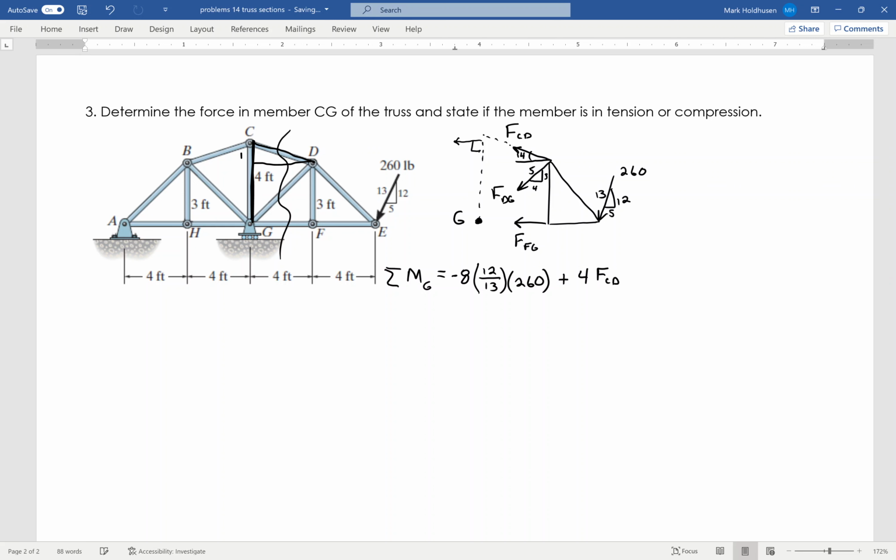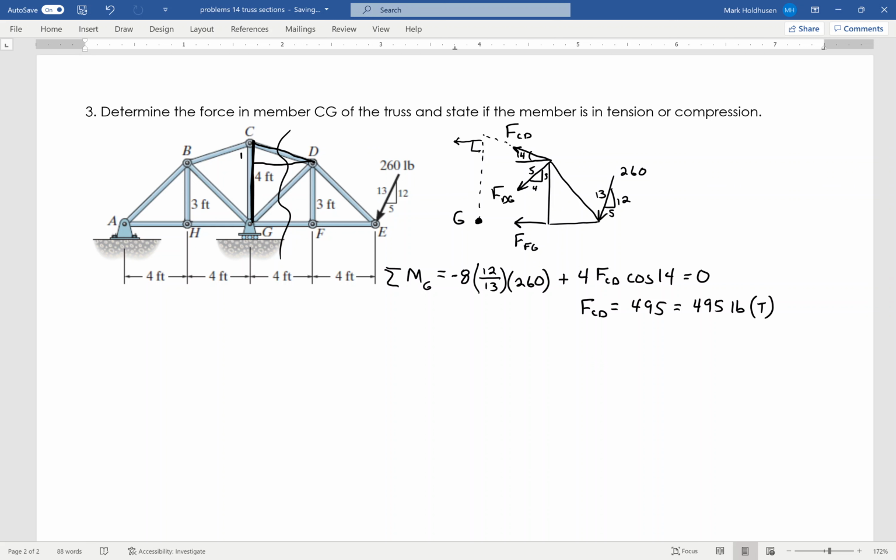And again, I just care about the horizontal component, which will be cosine 14, okay, and set that equal to 0. Going through this, I find that FCD is 495. Positive answer tells me that my assumption is correct, that it's in tension. So I put that right there.